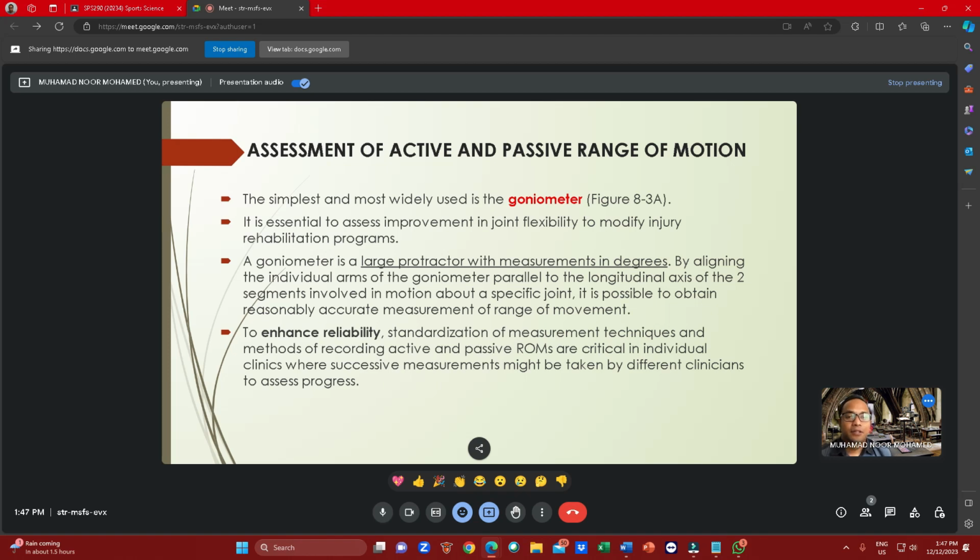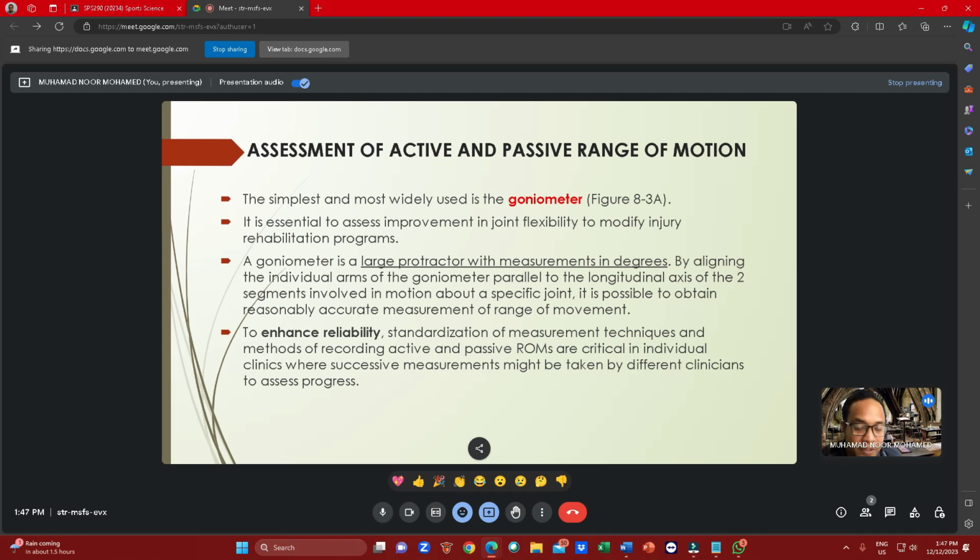Right. To assess active and passive range of motion, the easiest way is by using a goniometer. We have multiple types of goniometer. It can be a conventional goniometer.